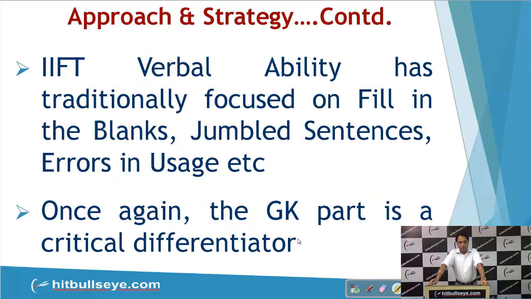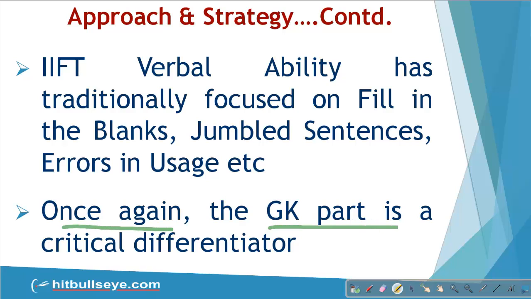IIFT verbal ability has traditionally focused on fill in the blanks, jumbled sentences, errors in usage, and similar questions. However, CAT has been stiffer on the reasoning part of verbal ability, and again, no clear-cut pattern has emerged in the CAT over the years.